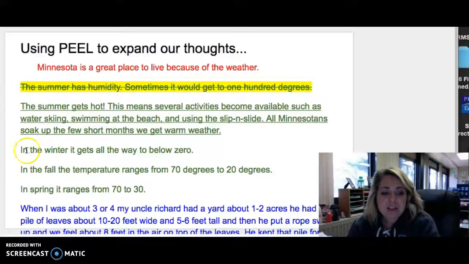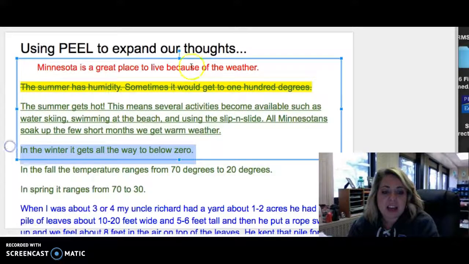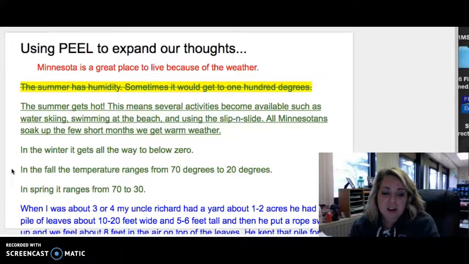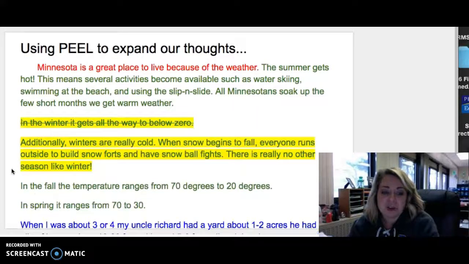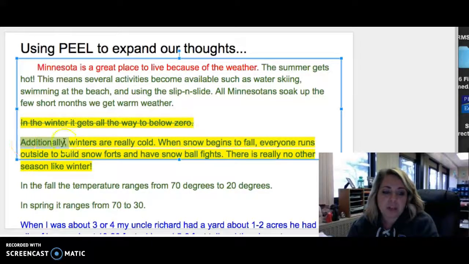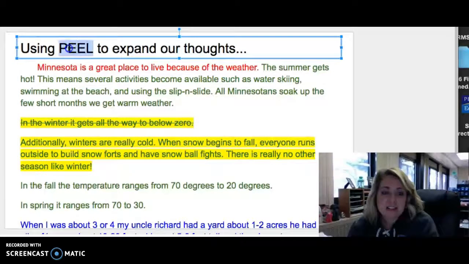Okay. But I have another idea. I have another reason that Minnesota is a great place to live. Instead of talking about the winter getting below zero, I'm going to rephrase that, and I'm going to add information by using the word additionally, and then I'm just going to state winters are really cold. So that's my next piece of evidence. I'm trying to just highlight the E here, okay?